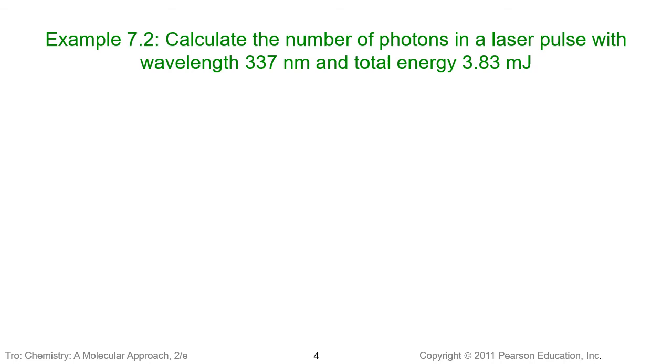So let's calculate the number of photons in a laser pulse with a wavelength of 337 nanometers. We know the total energy and we know the wavelength. So we're going to start by taking the wavelength and converting it into meters because it's given in nanometers.